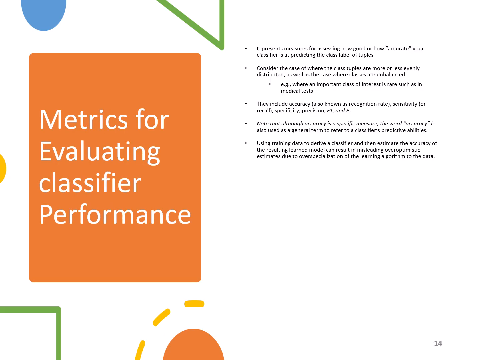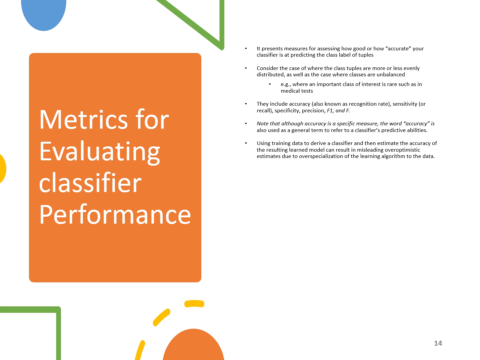Metrics for evaluating classifier performance. These present measures for assessing how good or how accurate the classifier is at predicting the class label of a tuple. Consider the case where the class tuples are more or less evenly distributed, as well as the case where the classes are unbalanced. They include accuracy, sensitivity, specificity, precision, and F1.